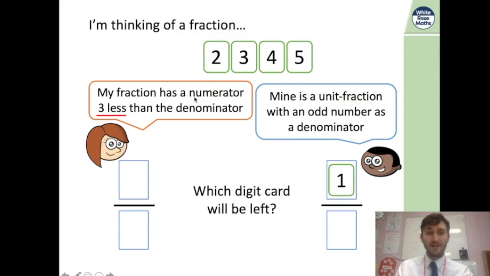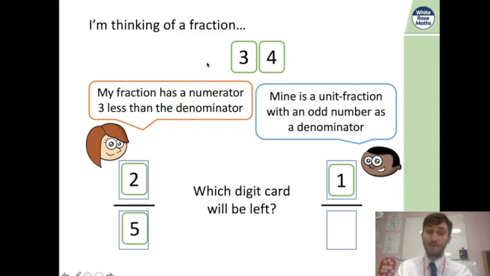My fraction has a numerator 3 less than the denominator. And the only digit cards up here that have a difference of 3 are 2 and 5. So my smaller number, because my numerator is 3 less, means that my 2 must go at the top as my numerator, and my denominator, because it must be 3 more than my numerator, must be 5.